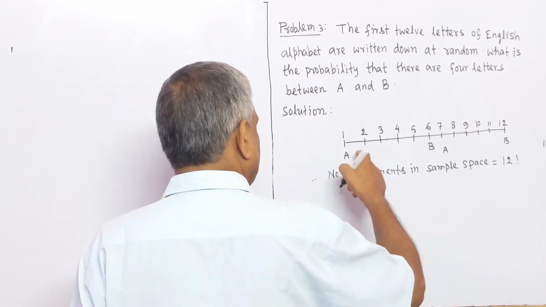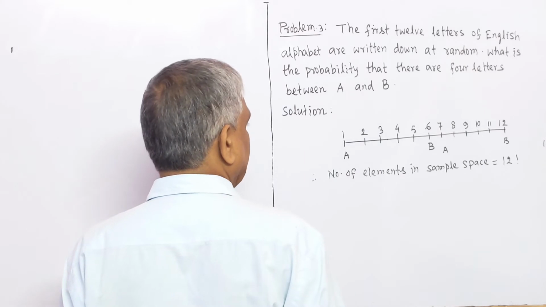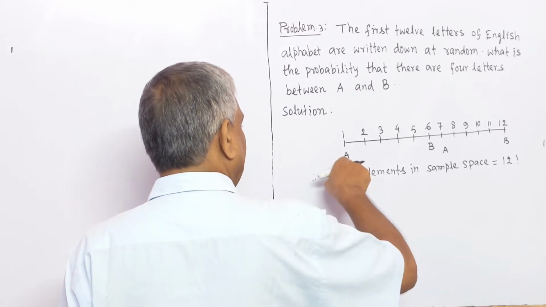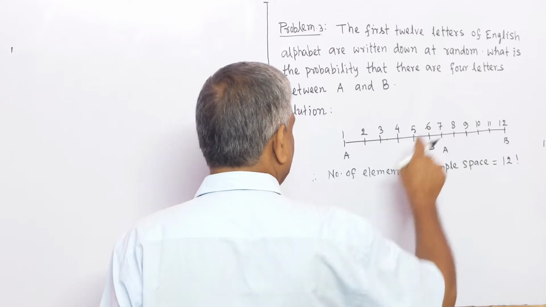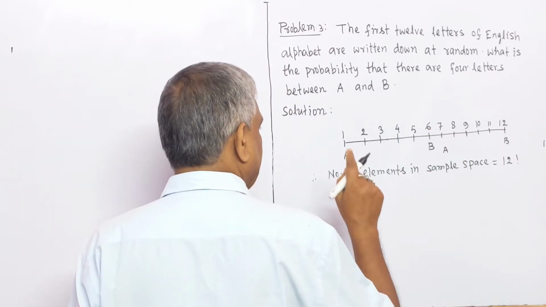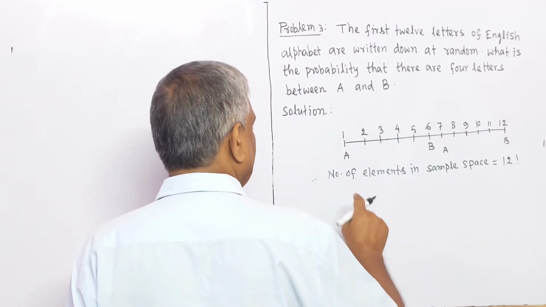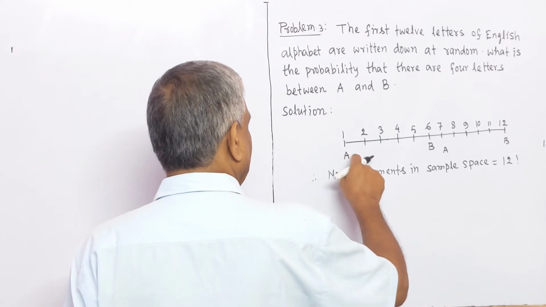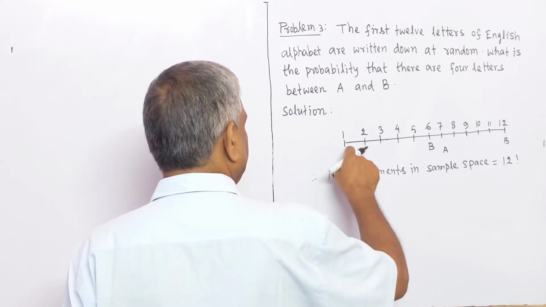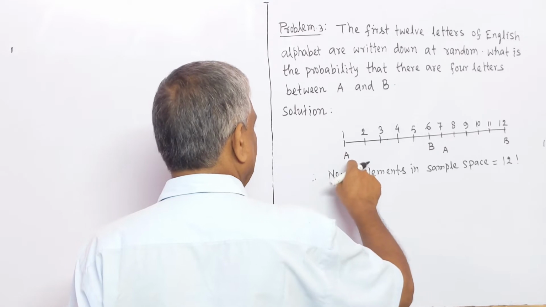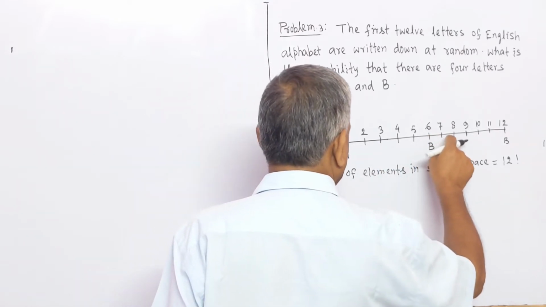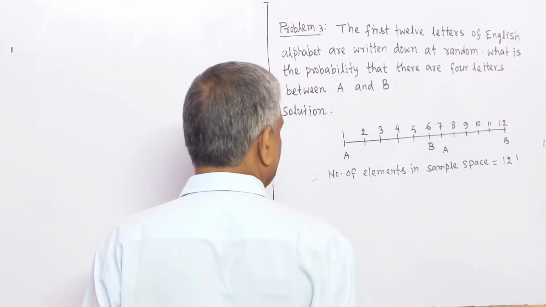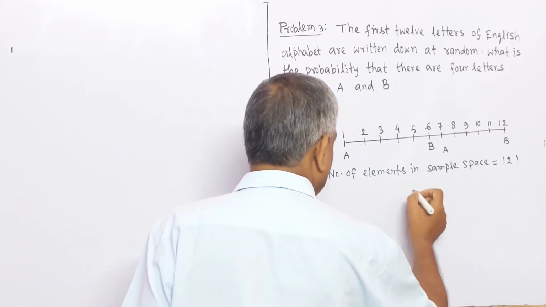So, this process of writing is the letter A going forward to place 7. The process is that the letter A is starting from the place 1 and going forward to the place 7, and number of process will be 7.